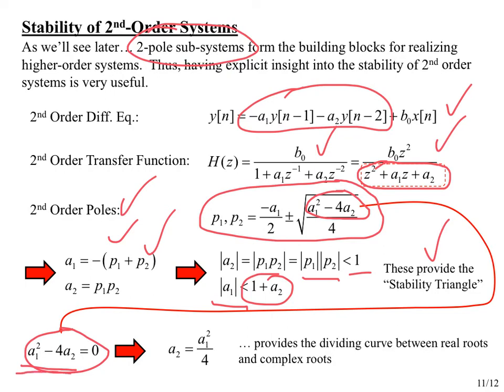If the left side quantity is less than 0, we get a negative inside the square root, an imaginary number, and so we get complex roots. Solving this equation defines a curve in the A1, A2 space that divides the region of real roots from the region of complex roots.